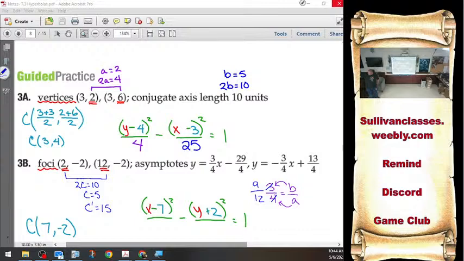Look over here. What do all of these have in common? Every one of these are, when I reduce them, a ratio of 3 to 4 to 5. That C being 5 does help me because it confirms the scale of my slope. So yes, it is actually 3/4.